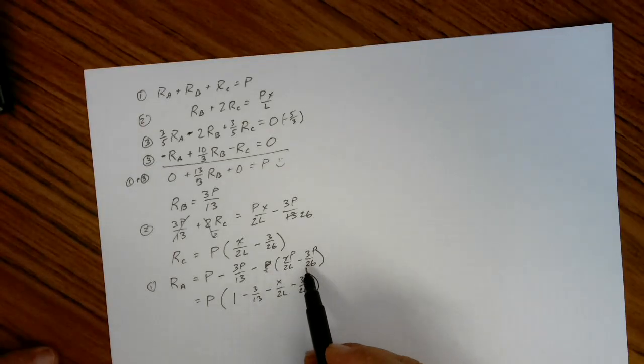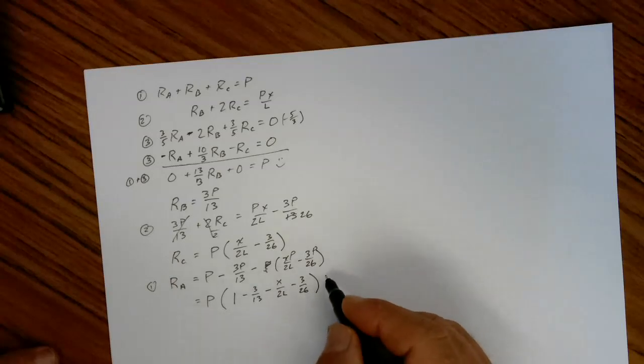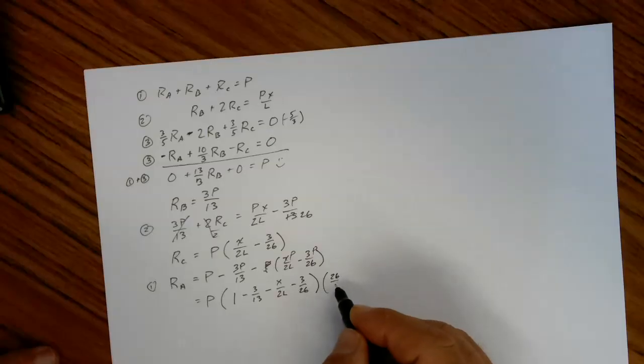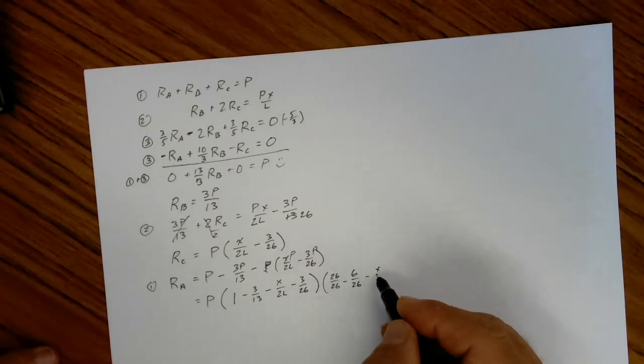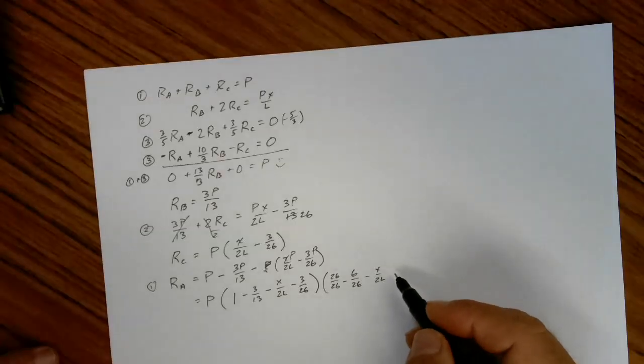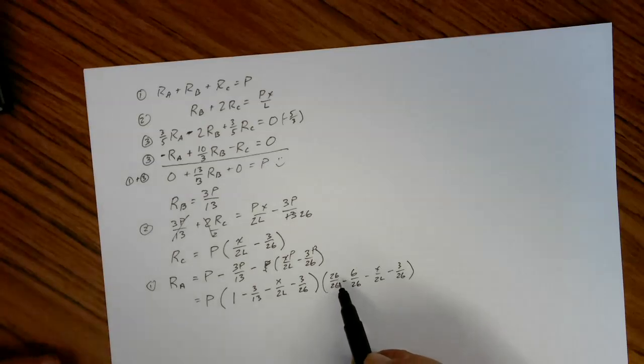Pulling the P out, I have a function of X, number, number, number. It's the same thing as, let's make them 26ths: 26 over 26 minus 6 over 26 minus X over 2L and minus 3/26. How many 26ths do we have left? 26 minus 9, 17.